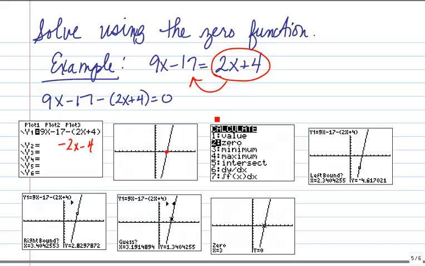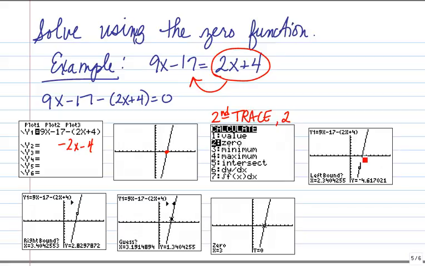To do that, I press second trace and I choose number 2. And whenever I do that, I'm asked to enter a left bound and a right bound and a guess. The left bound is a point to the left of the 0.